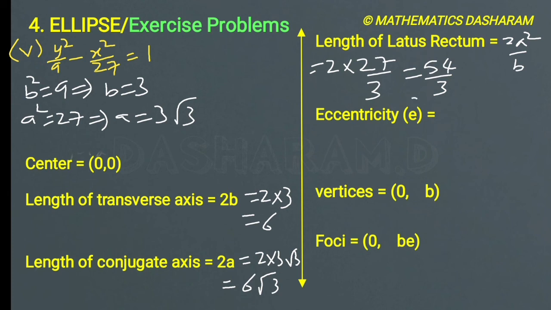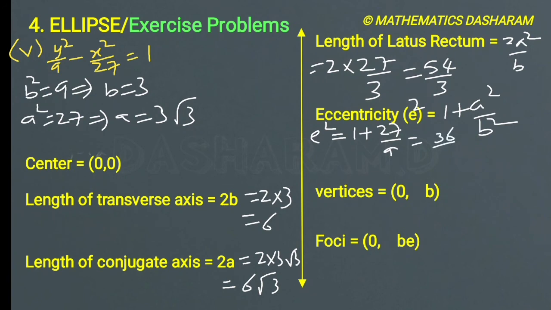Eccentricity e square equals 1 plus a square divided by b square. So e square equals 1 plus a square 27 and b square 9, then 9 plus 27, 36 divided by 9, then e equals under root 36 divided by 9, it equals 6 by 3, and 6 by 3 answer 2.